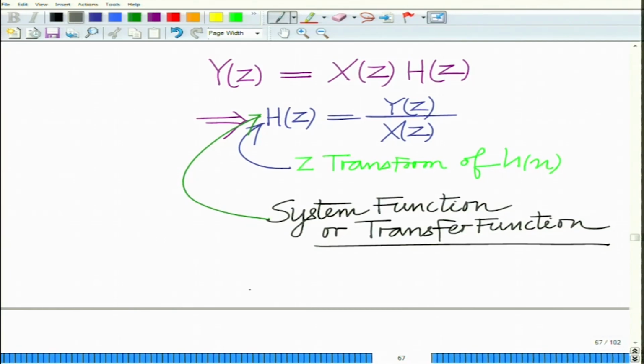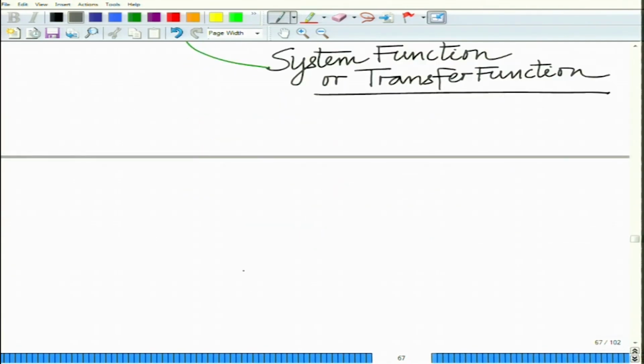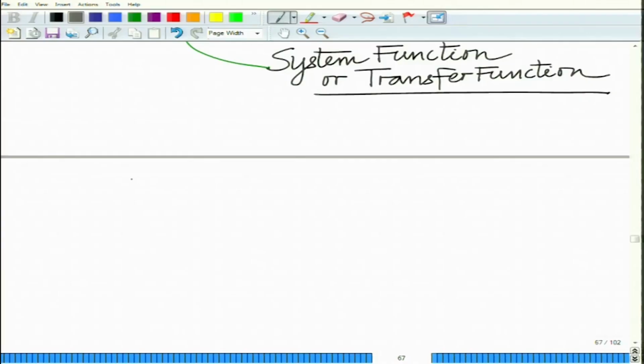Now, let us look at the properties of the discrete time LTI system based on its system function or transfer function.